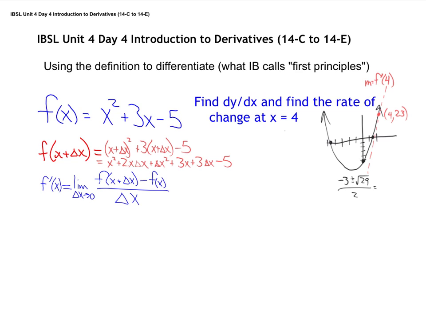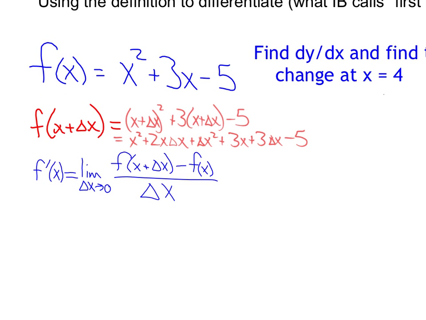So now we're ready to plug that into our definition of the derivative. So we have here the limit as delta x approaches 0 of the f of x plus delta x that we just found: x squared plus 2x delta x plus delta x squared plus 3x plus 3 delta x minus 5.